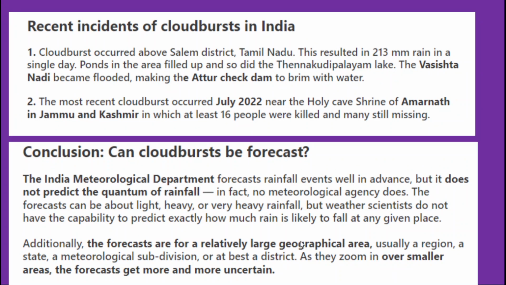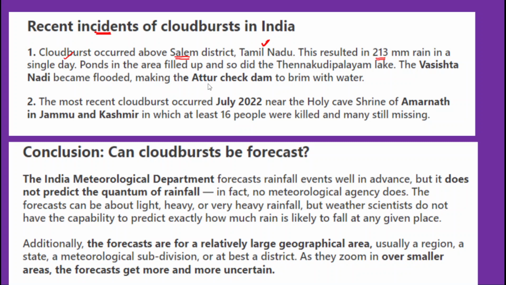Now the question has asked us to explain this with two recent incidents of cloudburst that took place in India. The first example is the cloudburst in Salem district of Tamil Nadu. So cloudbursts also take place apart from the Himalayas. Because of this cloudburst, 213 millimeters of rainfall occurred in a single day.